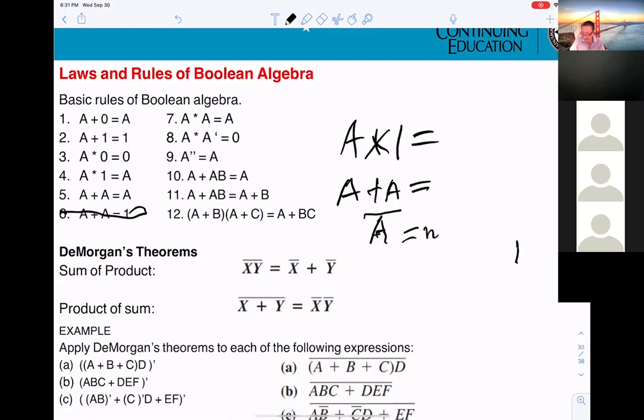That means not A. What does not A mean? If A equals 0, not A will be 1. If A equals 1, not A will be 0. However, we're using A with that symbol here. Same thing, it will be not A.